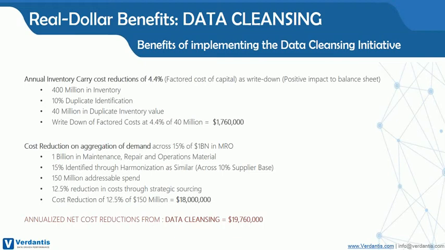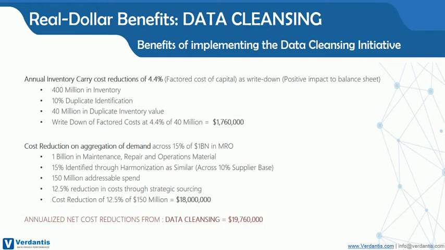The moment this data becomes available and they can consider the spend under management, they are immediately able to start running this through their normal strategic sourcing practice. In the course of 18 months, basically a full inventory turn cycle for these parts on average, they were able to drop 12.5% on that 150 million in actual cost savings. Same goods, lower cost, which is an incremental 18 million.